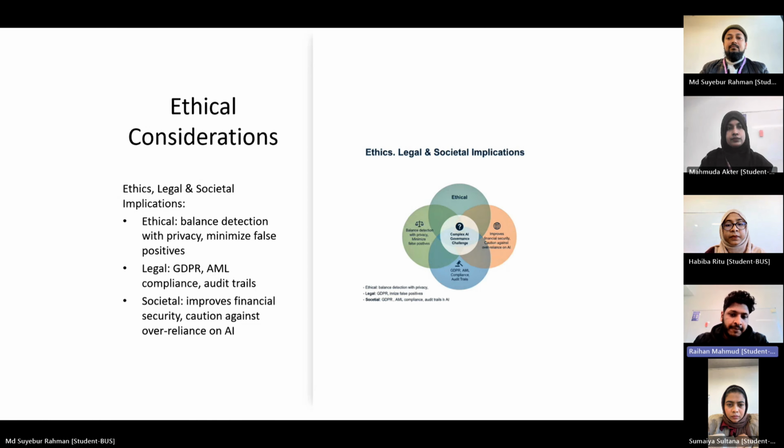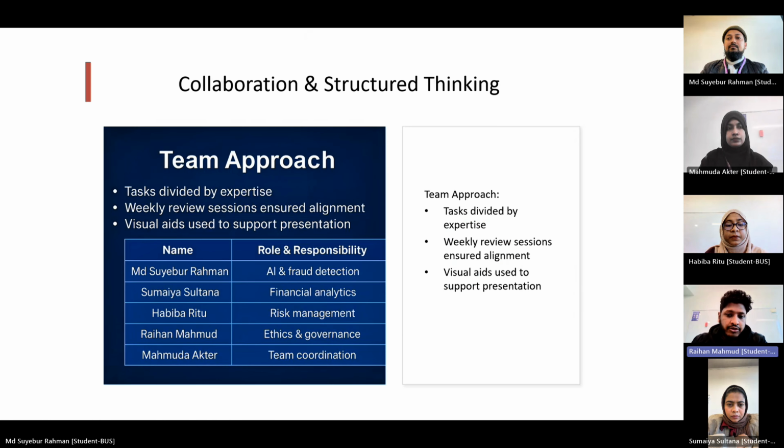On the next slide, shifting to how we managed this project, we adopted a structured team approach. As you can see in the table, we divided tasks by expertise to ensure a comprehensive analysis.